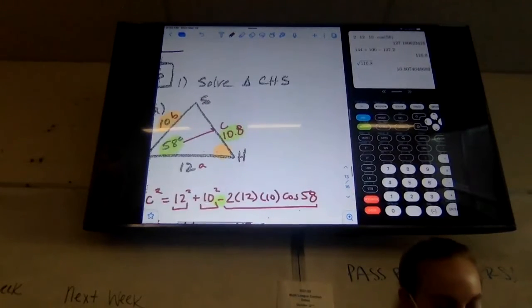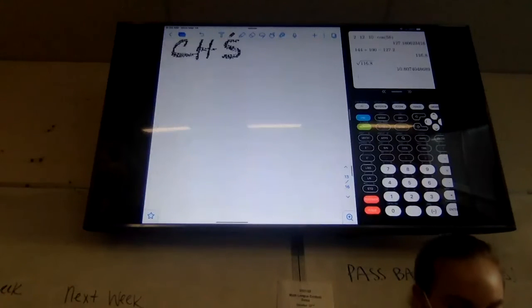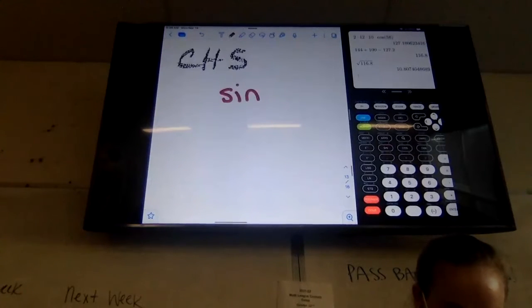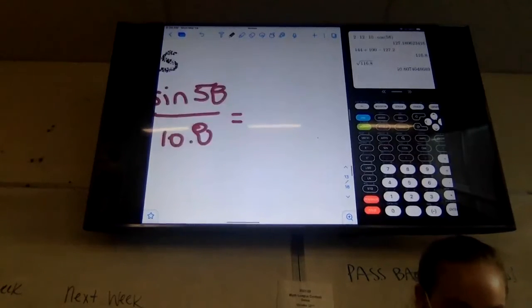I'm going to do sine of 58 over 10.8 equals sine of h over 10.